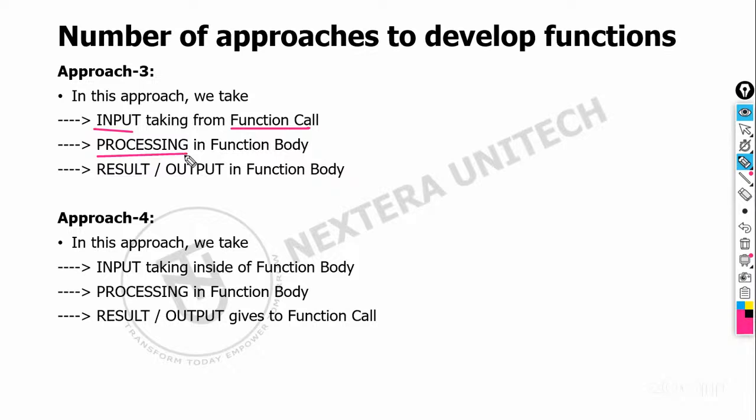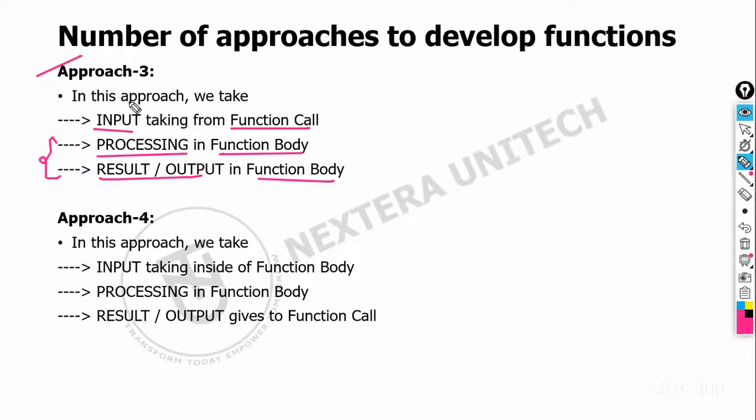Processing anyways will be from the function body, and the result or the output will be in the function body. Okay, so the processing and the result, the output, will be from the function body. Only the input will be from the function call. So this is approach 3.